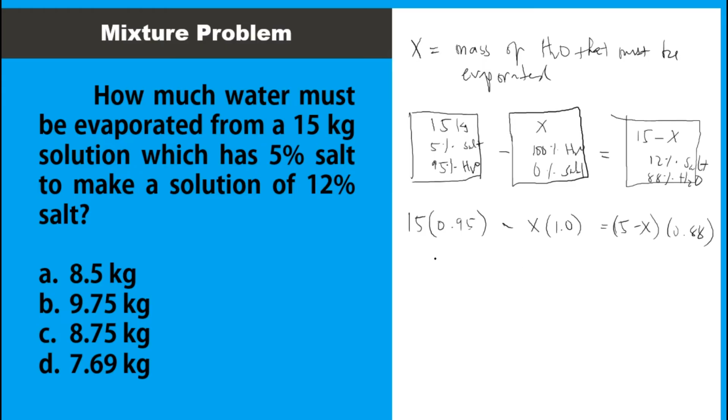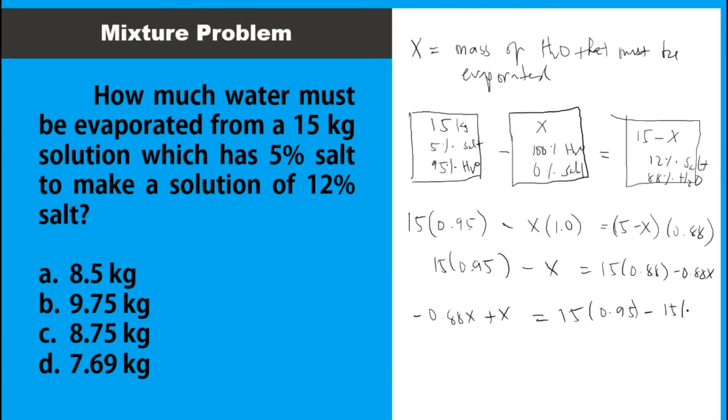We have 15 times 0.95 minus X equals 15 times 0.88 minus 0.88x. We can say that negative 0.88x plus x is equal to 15 times 0.95 minus 15 times 0.88.